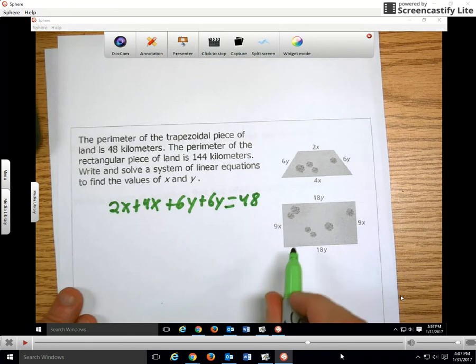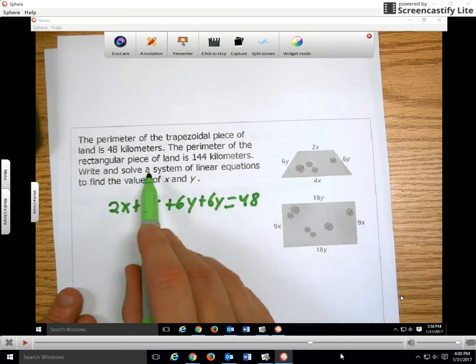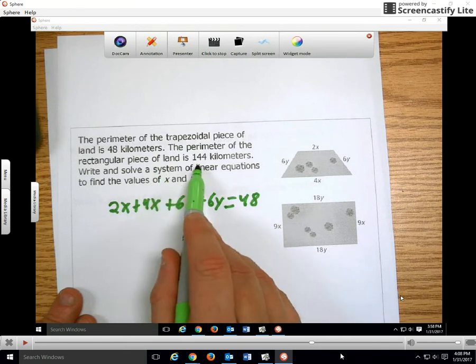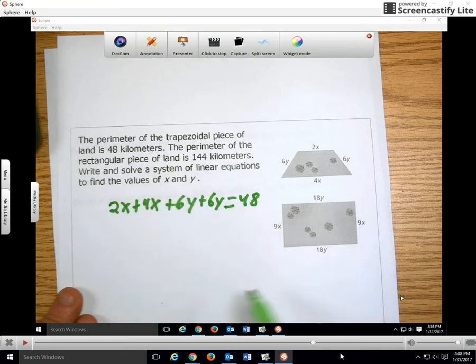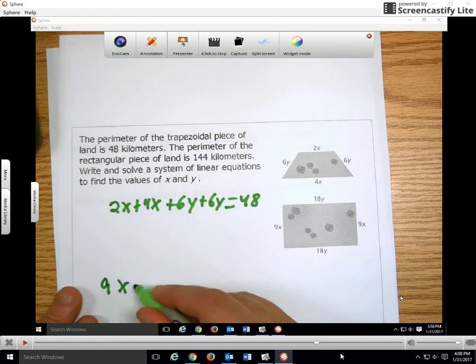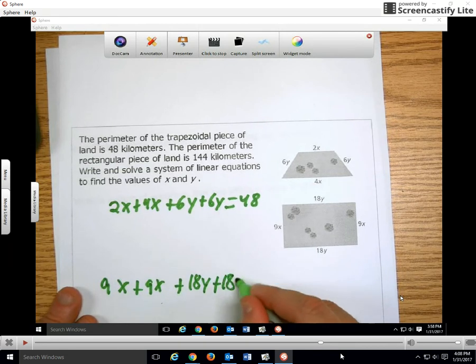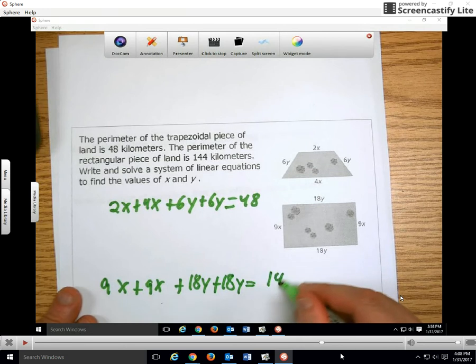And then it tells us the perimeter of the rectangle, remember the perimeter is measuring the outer edge, of a piece of land is 144 kilometers. So we know this one would be 9x plus 9x plus 18y plus 18y would equal 144.